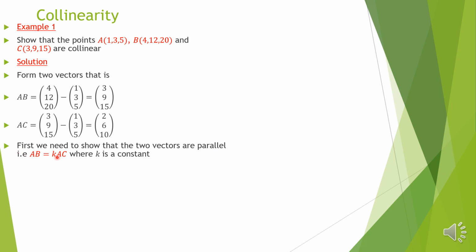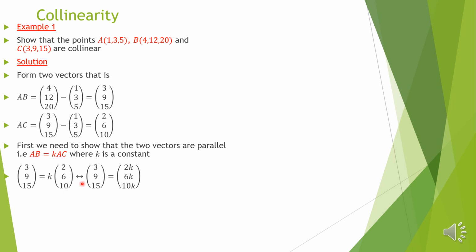And to show that, we need to show that vector AB is a multiple of AC by a constant K. So our task here is to find this constant K. By so doing, I'll substitute the values of AB and AC and then solve for constant K. So I'm going to substitute AB, which we obtained as 3, 9, 15, equals K times AC, we got it to be 2, 6, 10.